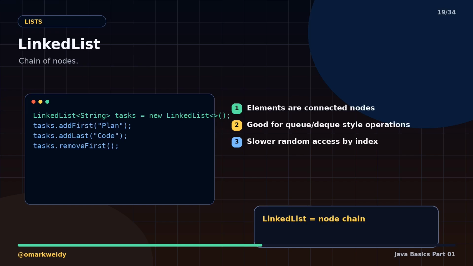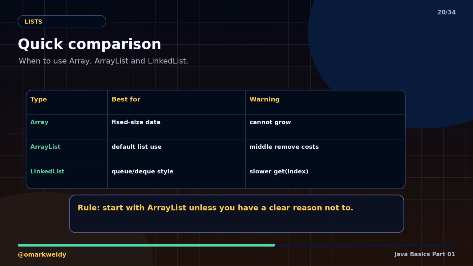It can be useful for adding and removing at the beginning or end, but random access by index is usually slow. So, here is the practical rule. Use array when the size is fixed. Use ArrayList as your normal default list. Use LinkedList only when the behavior really fits a queue or a Deque style.